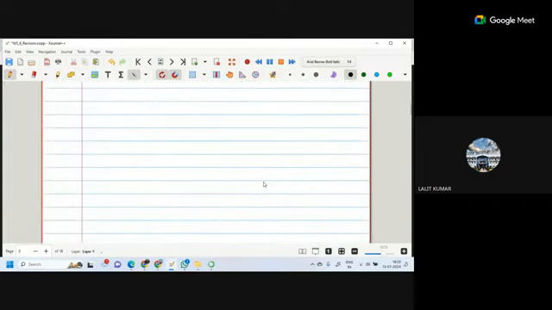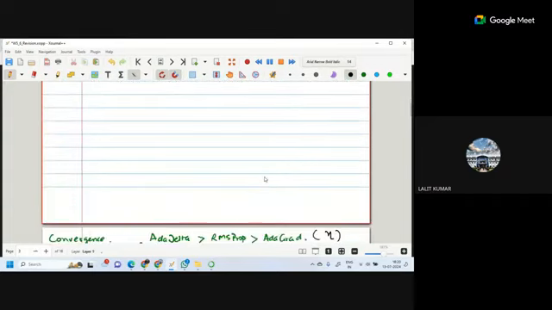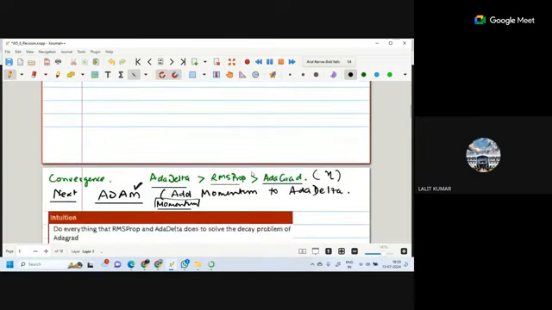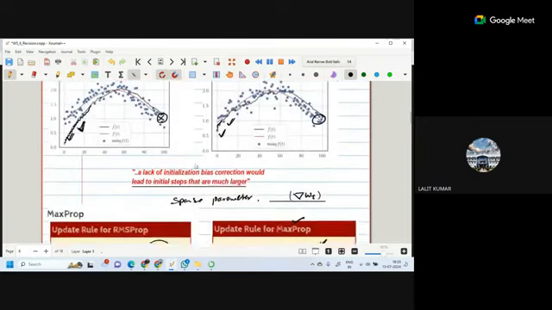Once I prepare this document into a PDF, I will share links to the Colab files which I prepared myself for AdaGrad, Adam, RMS prop and AdaDelta. You can go through those Colab files. They will help you.